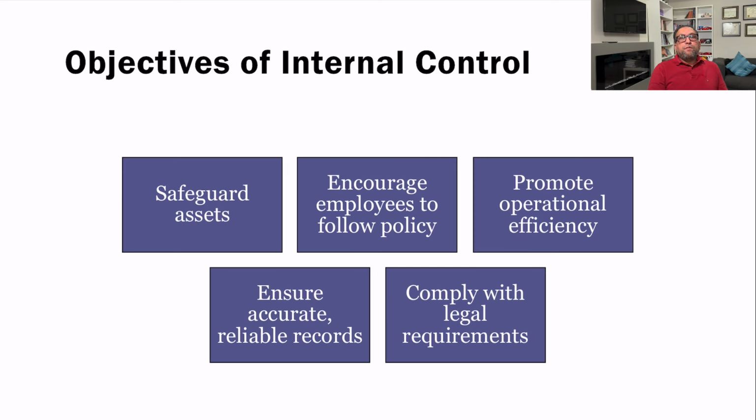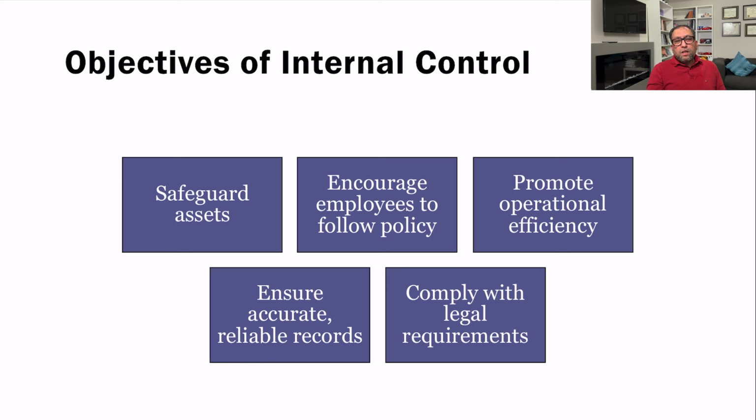Promote operational efficiency, and by this way, internal control promotes operational efficiency in the sense that everyone is doing his job, which he knows very clearly what his job is, what his responsibilities are, and what his duties are. Ensure accurate, reliable records. From an accounting perspective, if there is an effective internal control, the records and the data we are generating for accounting purposes are reliable and trustworthy, and by this way we can say that whatever we are presenting in our financial statements is true.